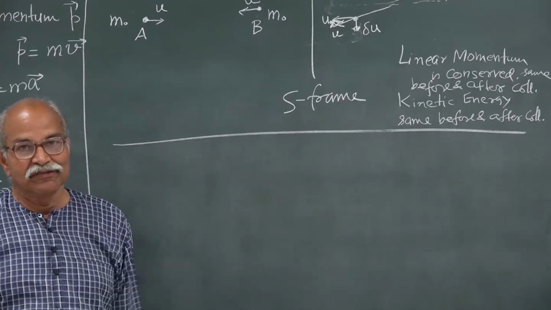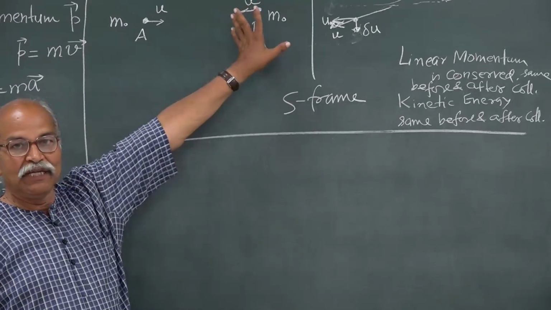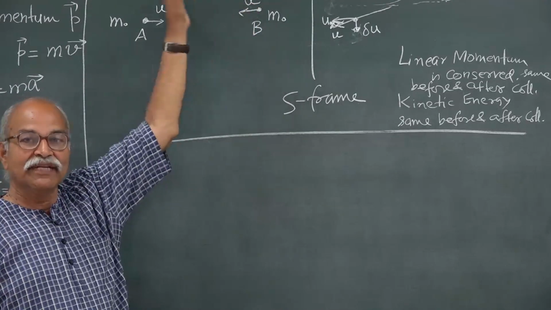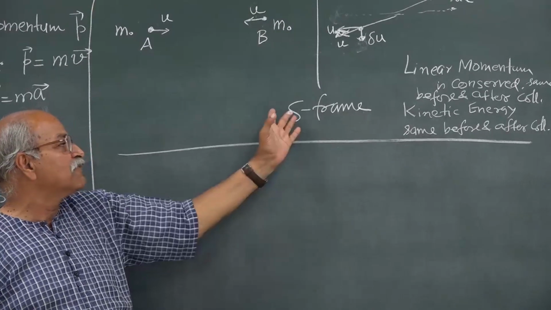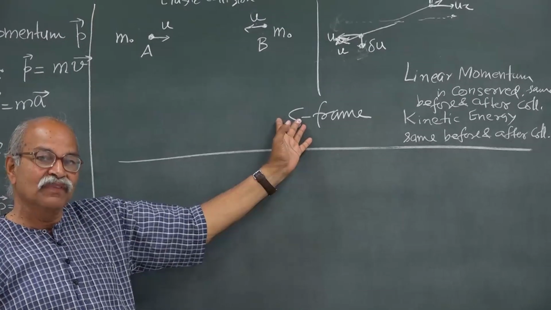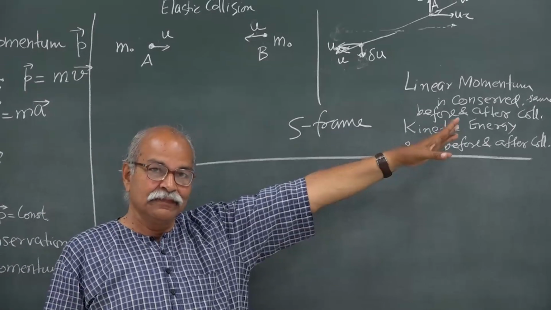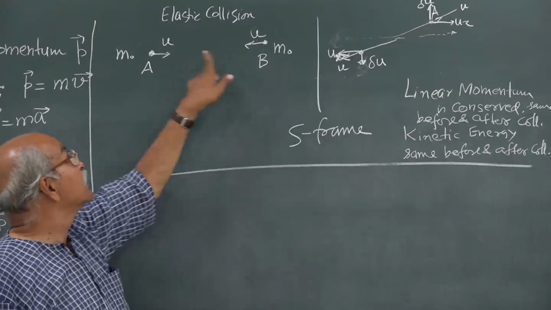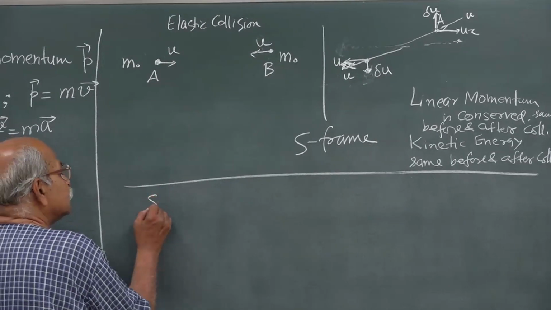Very nice. Now, look at this whole phenomenon from the frame S prime, and S prime will be moving with respect to this S frame in the positive x direction with speed, let us say, u.